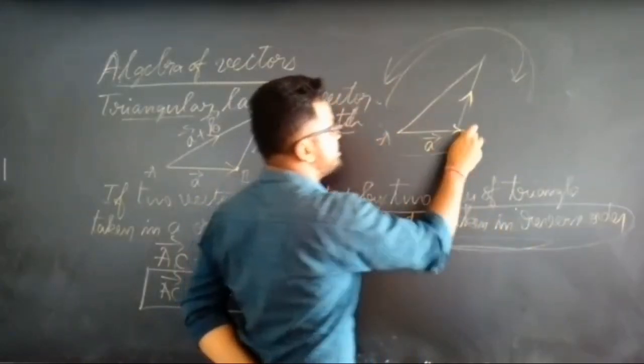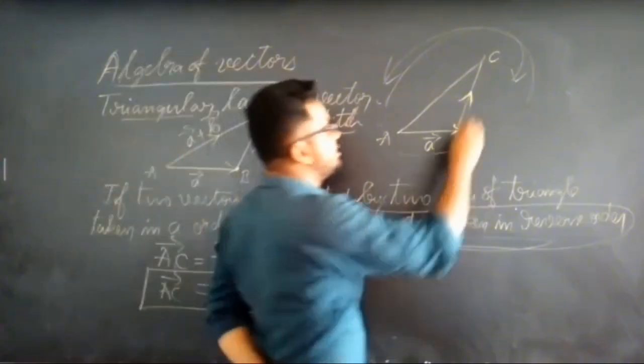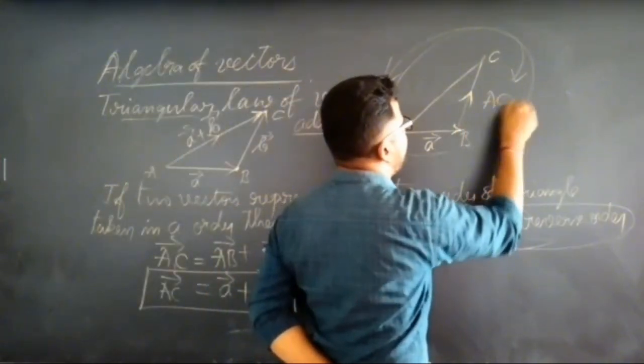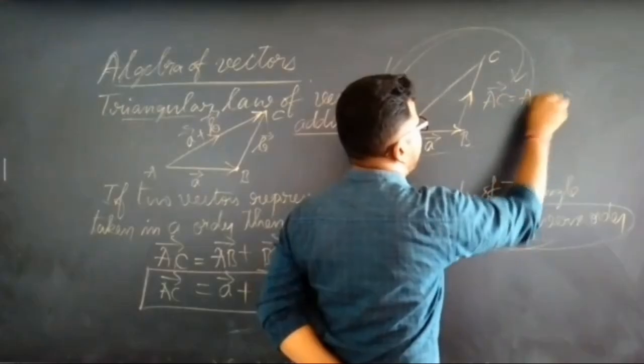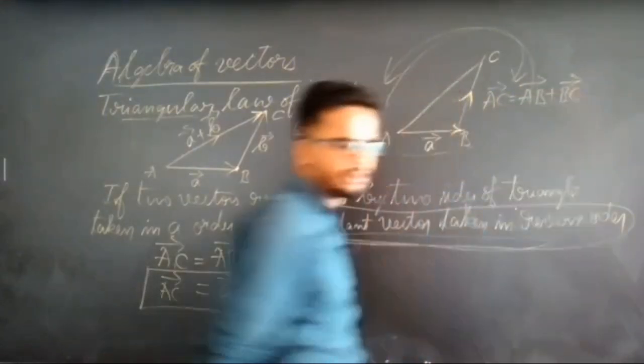If this is ABC, we shall write vector AC is equal to AB plus BC. Is this visible to you guys?